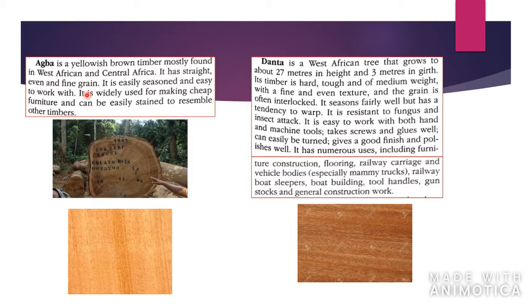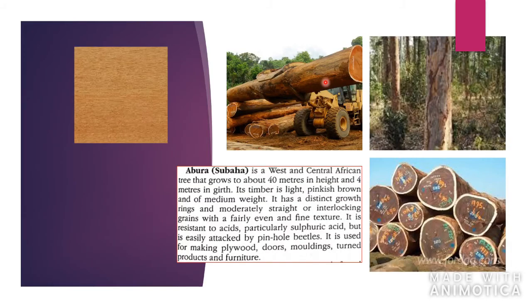Okay, the next one is the Danta, which is next to the Agbar. This is a little bit darker, and this tree grows to about 27 meters in height. So it's a little bit shorter than the Abura, which is about 40 meters right here.